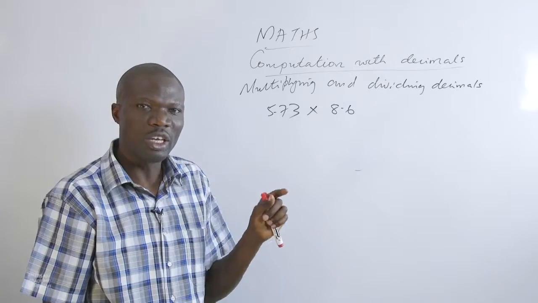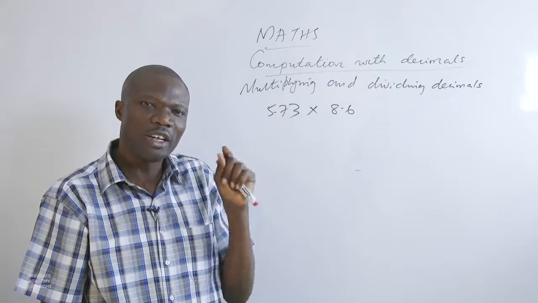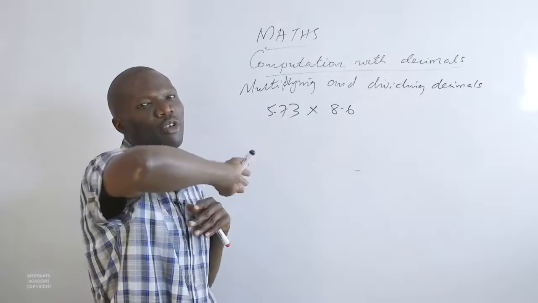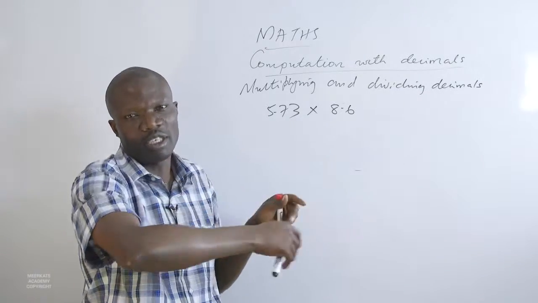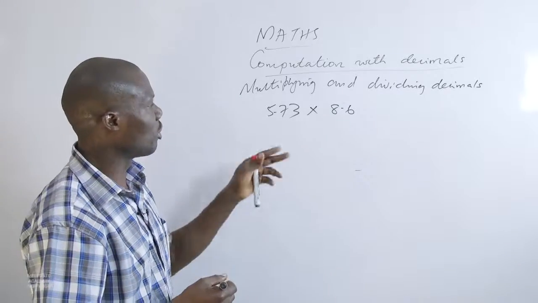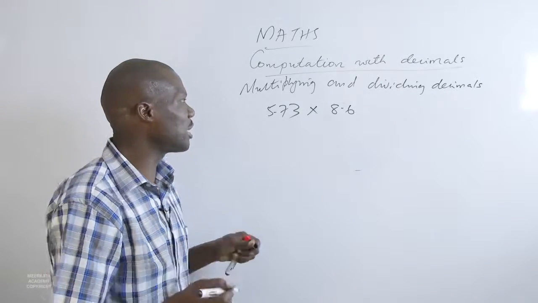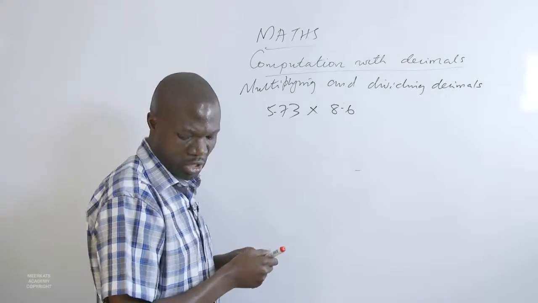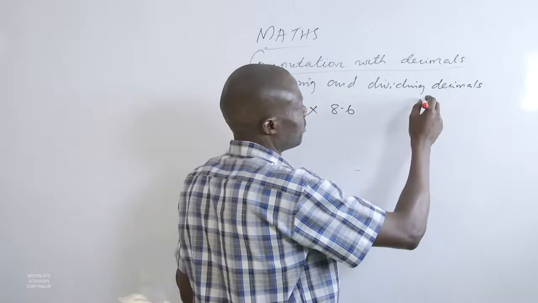So we shall only locate our decimal point after counting the total number of decimal places from the far right towards the left. So when you look at this, the first thing you do here, we are going to ignore the decimals.